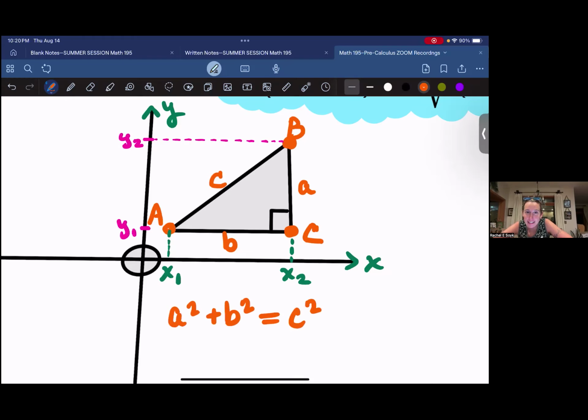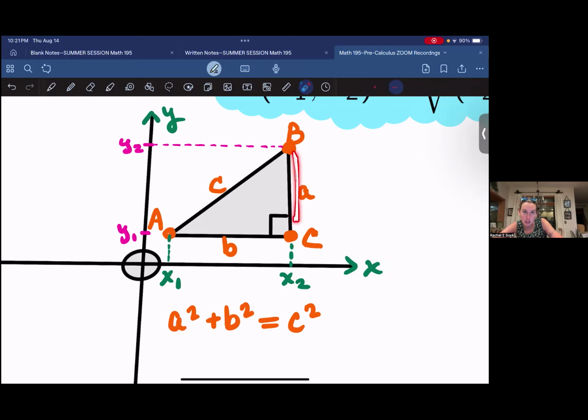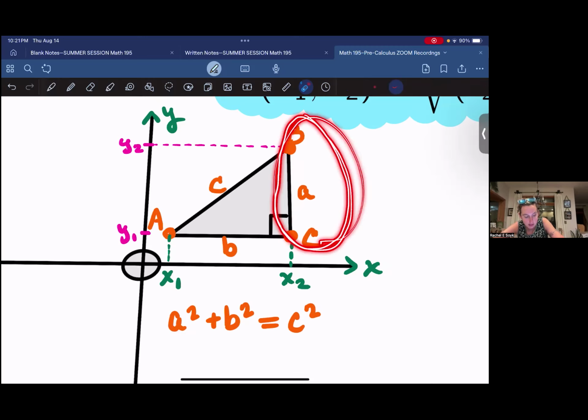Now let's look at this from a coordinate perspective. We want to find the length of this diagonal, AB. And so how do we go ahead and do that? Well, our a squared, which is this length over here, we want to find how long this is.